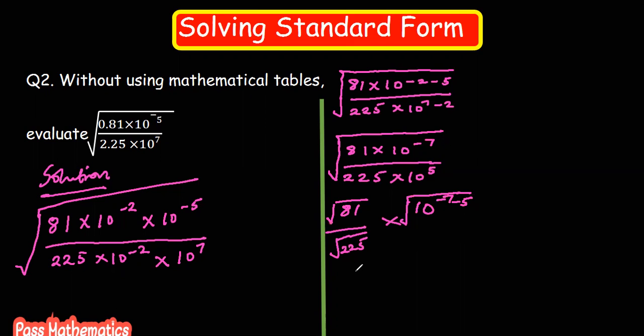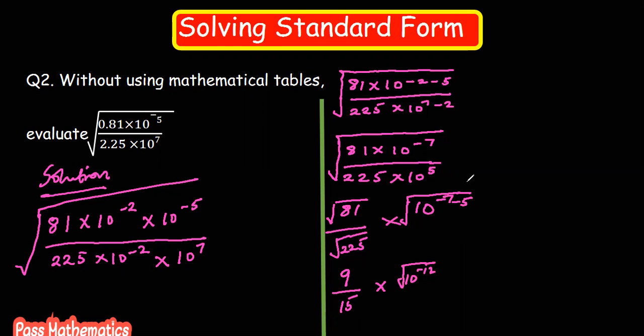So the square root of 81 is 9, divided by the square root of 225, which is 15. How do we take the square root of this? I'm going to show you now. The square root of the base 10 to the power of minus 7 minus 5 is minus 12.